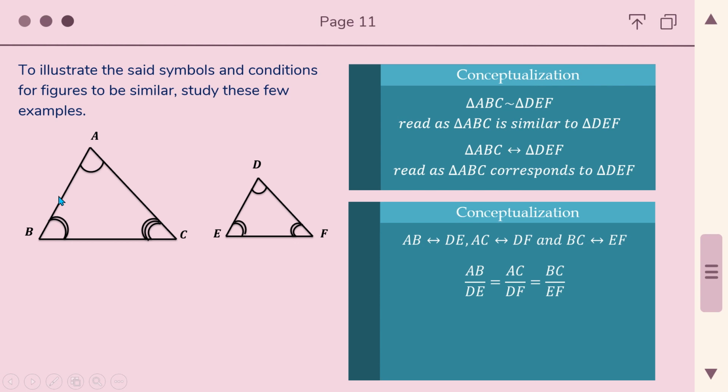So, the left leg over the left leg of the smaller triangle is equal to AC, right leg of the bigger triangle over DF, right leg of the smaller triangle, is equal to BC over EF, the base of the bigger triangle over the base of the smaller triangle. Correspondence of the two sides of the bigger and the smaller triangle. Corresponding sides are proportional.